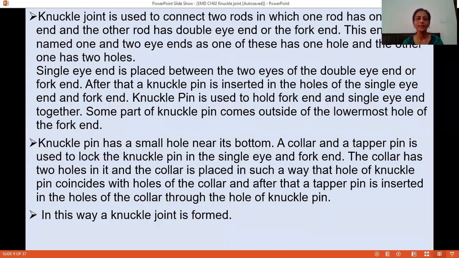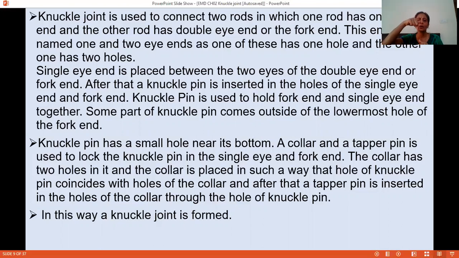So how is it made or formed? It is used to connect two rods. Out of that, one is having a single eye end and another is having a forked end, that is double eye end. Single eye end is placed in the two eyes of the double eye. After that, the knuckle pin will be inserted in the hole of single eye and double eye.